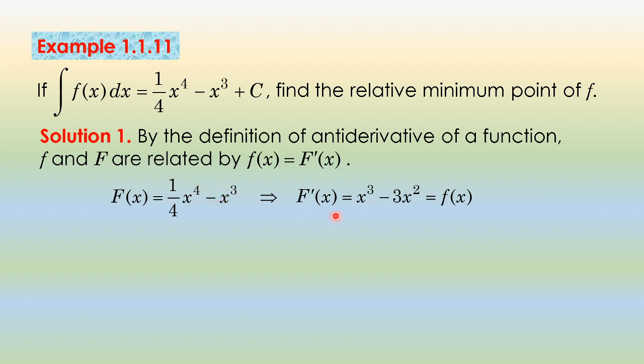While this one, so minus 3x squared, again by the simple power formula for differentiation. This big F prime of x is equal to f of x. So small f of x is equal to x cubed minus 3x squared. Getting its derivative, we have 3x squared minus 6x.